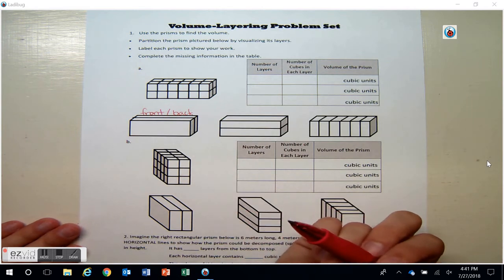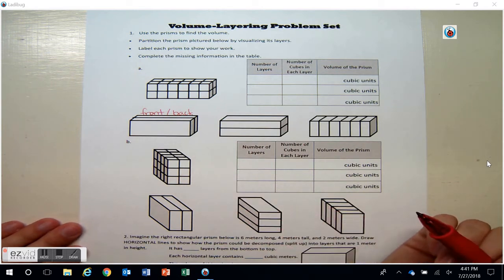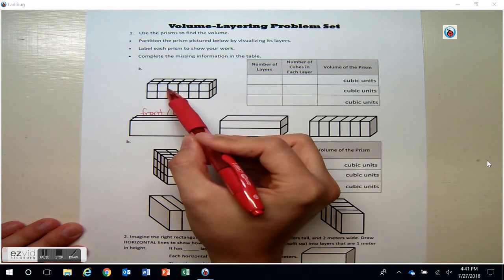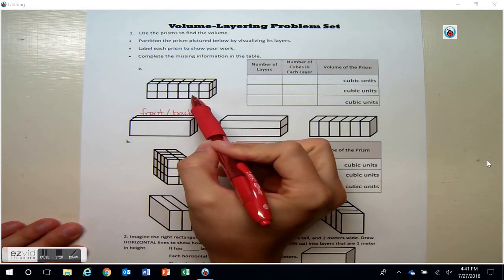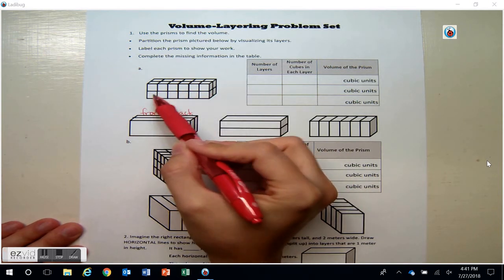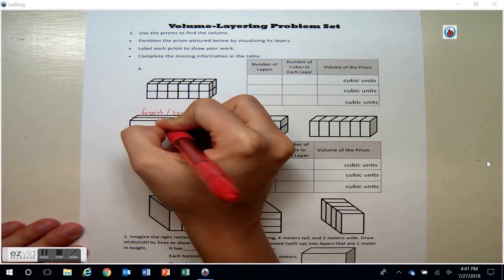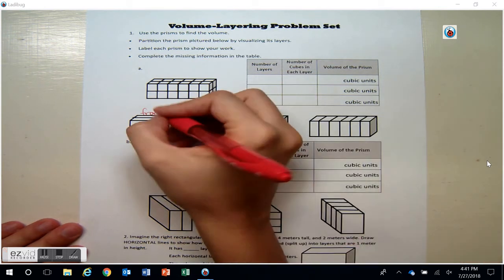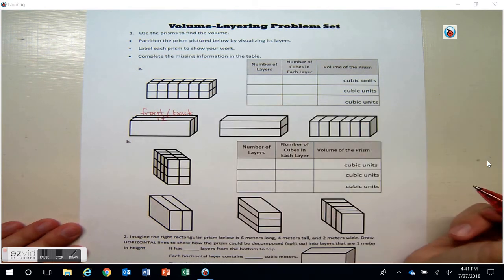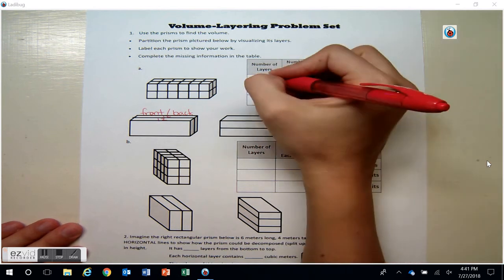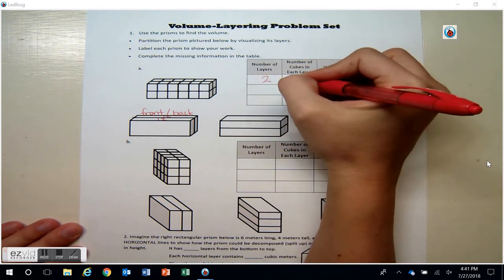How many cubes are in the front layer? This is a right rectangular prism, so that means each layer is going to have the same number of cubes. 1, 2, 3, 4, 5, 6, 7, 8, 9, 10, 11, 12 cubes are in that front layer. That means 12 cubes are in that back layer.